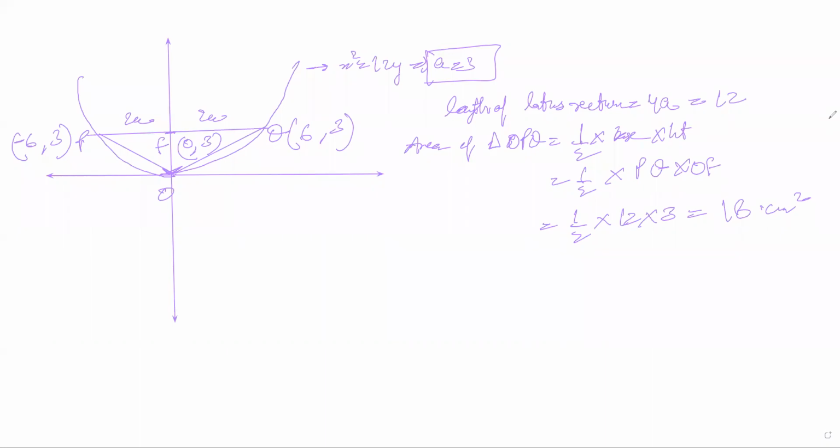We don't need to. We can find the area using the coordinates as well, but I just showed you that a different concept is involved, that you can find the coordinates of the latus rectum in this way.